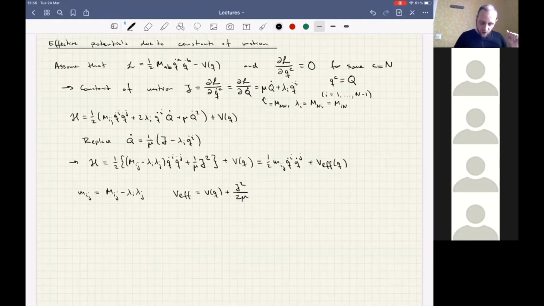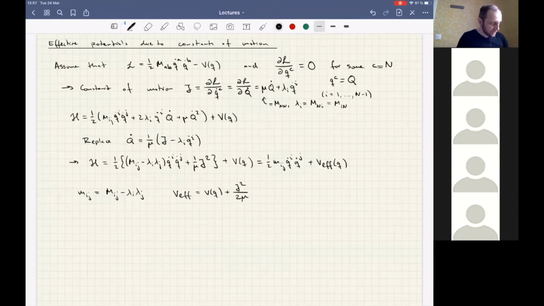So the question is now, can I use this directly as my Lagrangian, or rather, can I use this kinetic part and this potential part and reinsert, use my Lagrangian as the kinetic part minus the effective potential part?